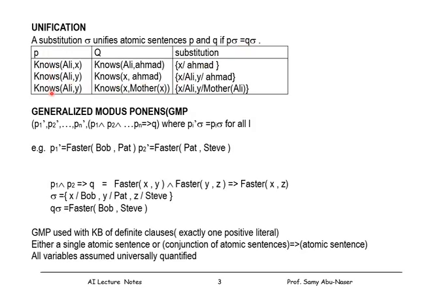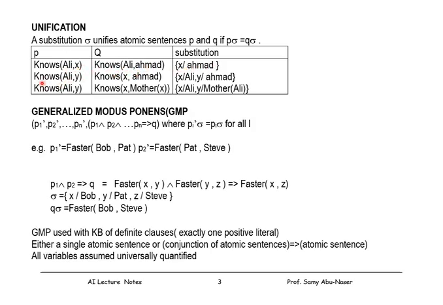I have one column P and a second column Q, and we do the matching between them, the substitution. Knows(Ali, X) and Knows(Ali, Ahmed). These are the same predicate name. The first argument, Ali with Ali, is the same constant. The variable X takes the value Ahmed.